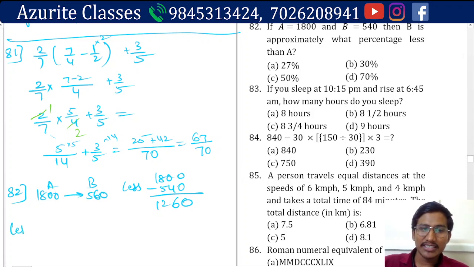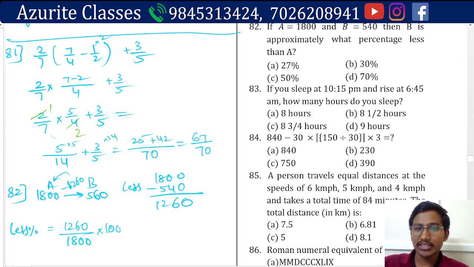So if you want to find the less percentage, 1260 upon 1800, that is A, into 100%. So here two zeros cancel. 18 sevens are 126, and 0, so 70% less. Option D is the answer for 82.